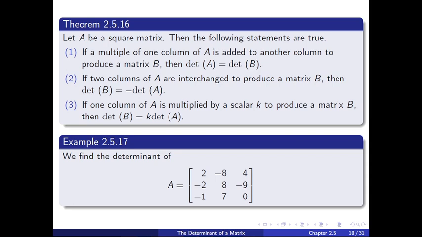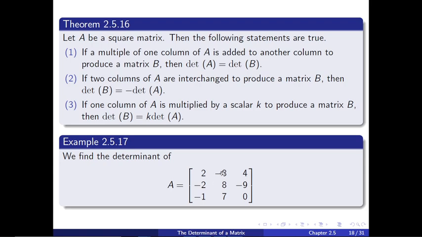Or not illustrate, but to actually find determinants of matrices using these two theorems. So if we look at example 2.5.17 in the textbook, we want to find the determinant of A. We note that we have a 2 there and a minus 2 there.